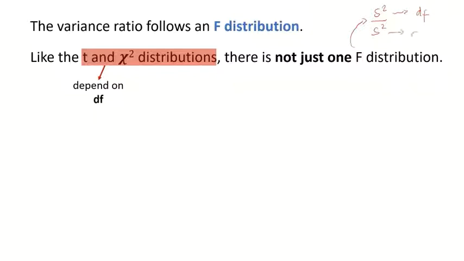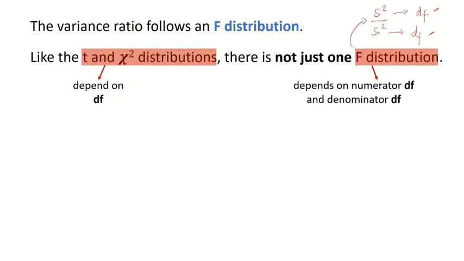Do you remember that? In their numerators, we have n minus 1. So this F distribution, therefore, is not only defined by one degree of freedom, but two: one from the numerator and one from the denominator, because we are dividing sample variances here.